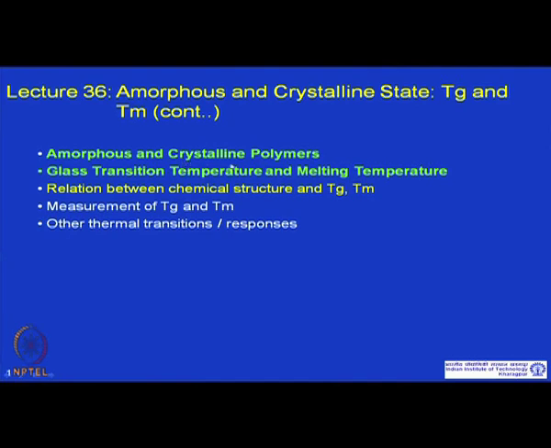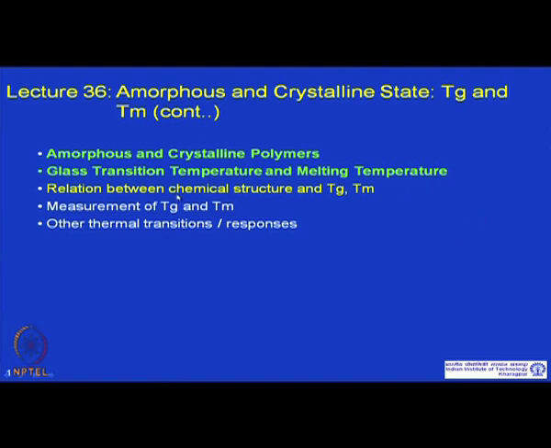We have covered in the last lecture our introductory discussion on amorphous and crystalline polymers, and then we discussed what glass transition temperature and melting temperature are for polymers. We discussed that glass transition is a secondary transition, and melting is a first order transition for polymers.